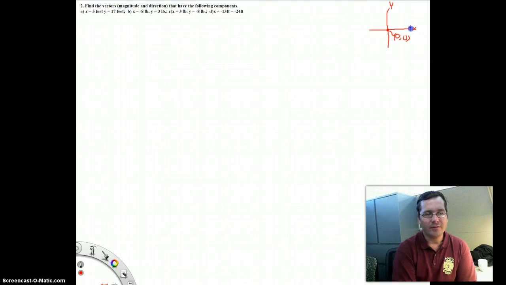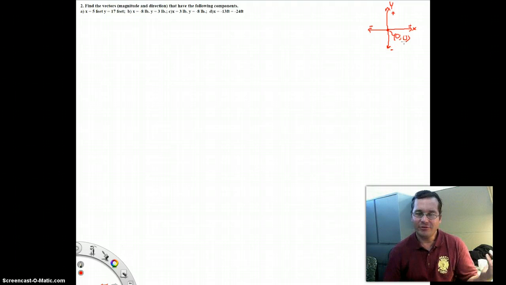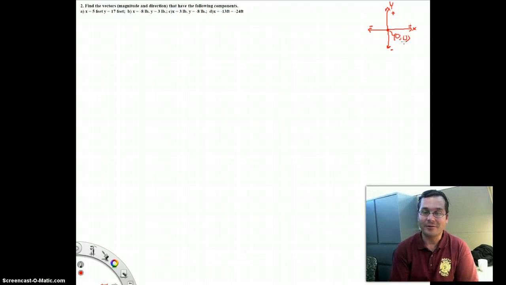Moving right along the x-axis is considered a positive move. Moving left along the x-axis is considered a negative move. Moving up on the y-axis is considered a positive move. Moving down on the y-axis is considered a negative move. Why do they have those conventions? I don't know. That's just what Descartes decided on, was how we were going to label our frame of reference.